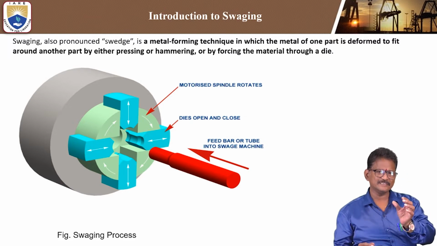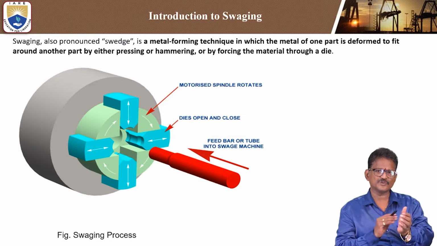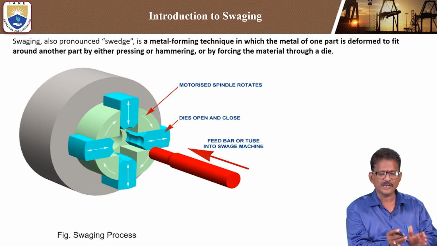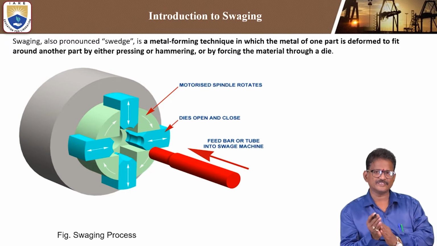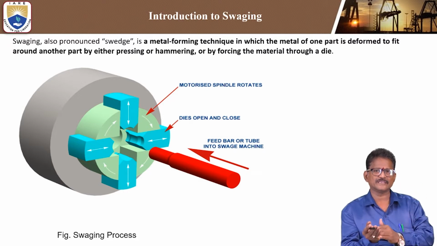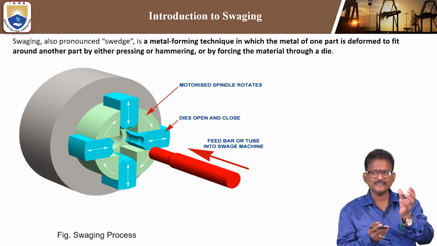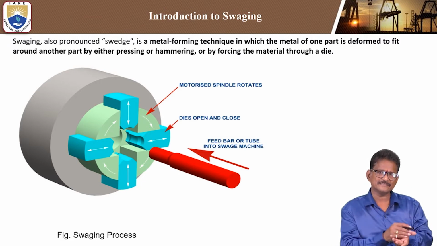The term swaging, which is also pronounced as swedge, is a metal forming technique. It comes under the metal forming techniques, in which the metal of one part is deformed to fit around another part by either pressing or hammering.